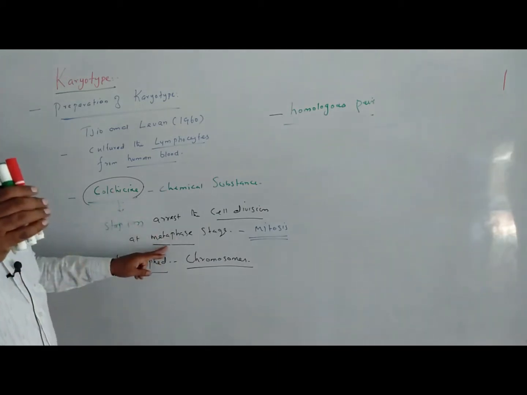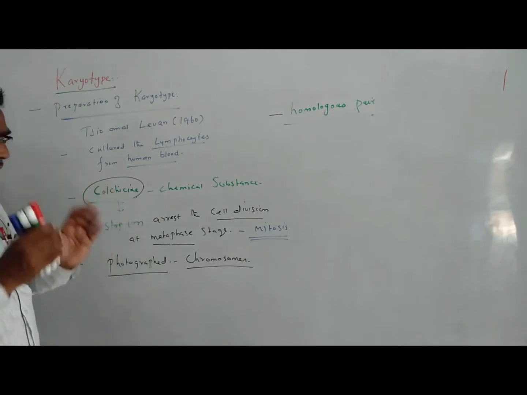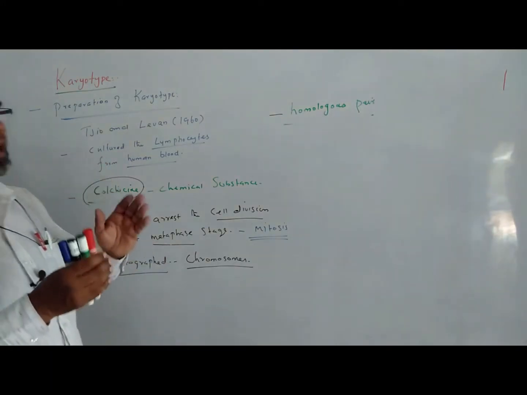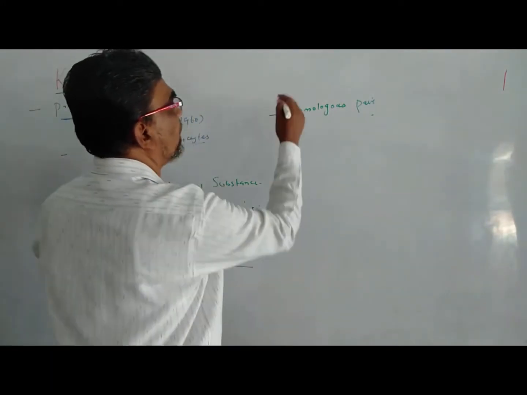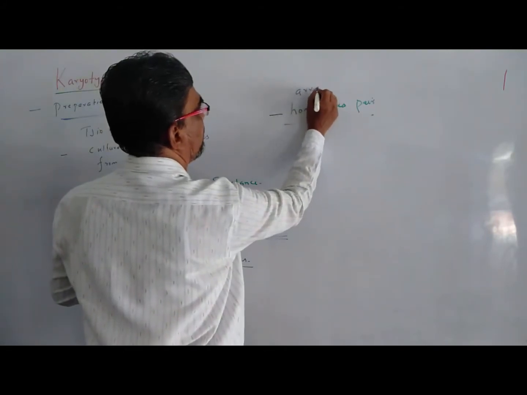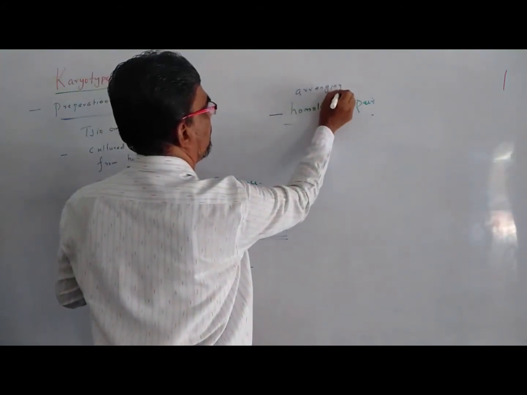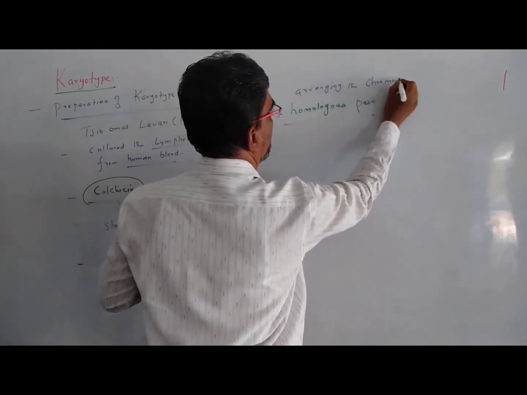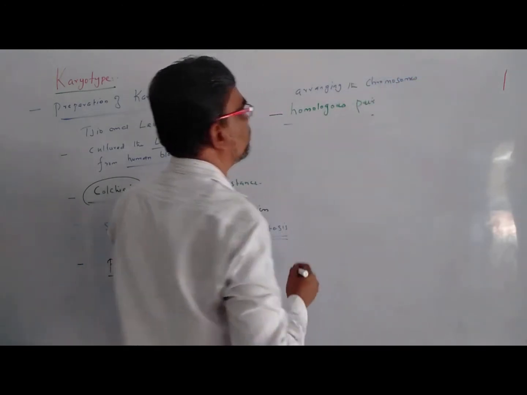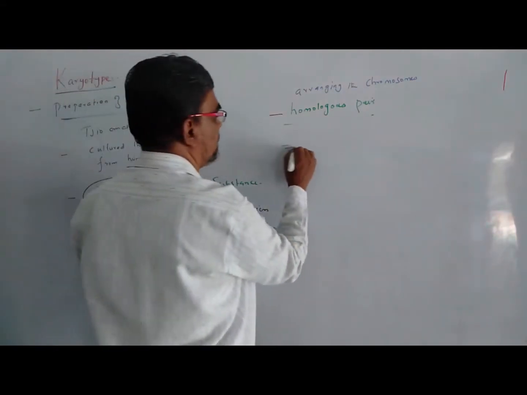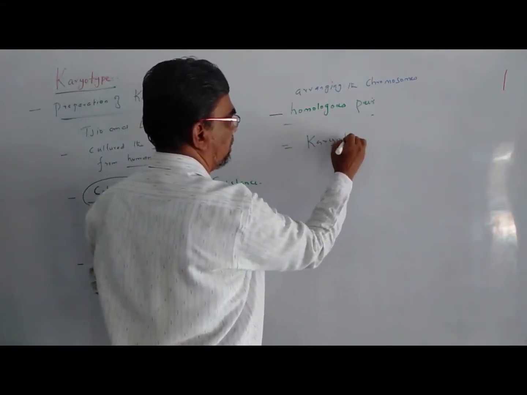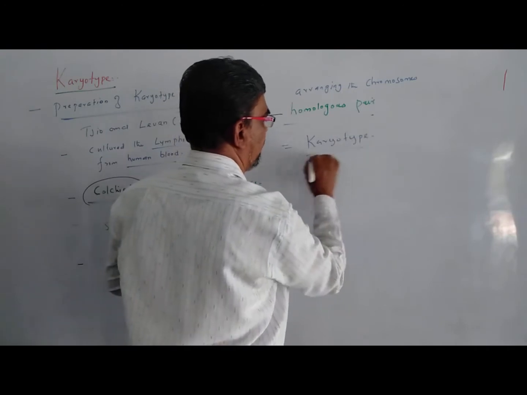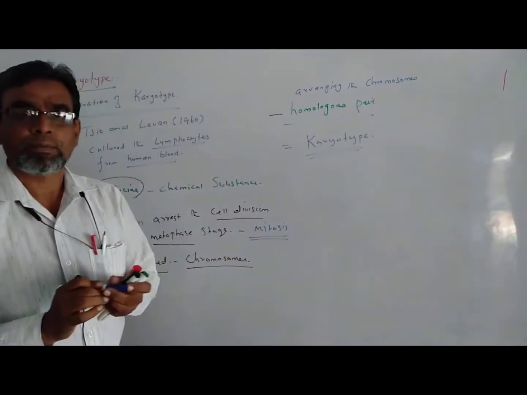Now the chromosomes are very clear to see. Then we photograph the chromosomes, and then we arrange the chromosomes into homologous pairs. This arrangement is called karyotype.